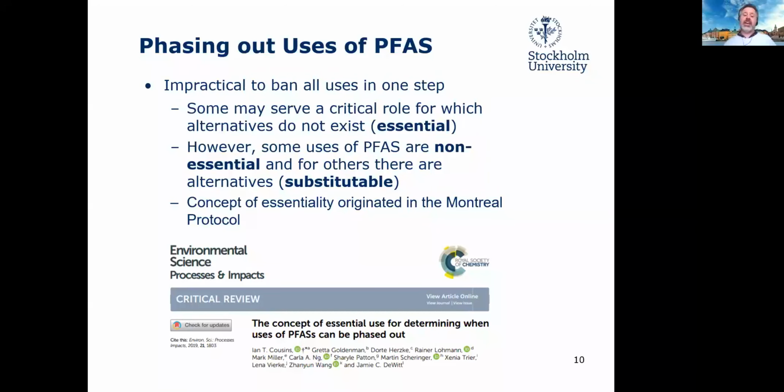And this idea of essentiality came originally from the Montreal Protocol for phasing out ozone depleting substances that started in about the 1970s. And we published a paper about this concept, the essential use concept, in 2019. So you basically have to just assess all of the uses and decide whether they fall into these three categories: essential, non-essential, or substitutable.